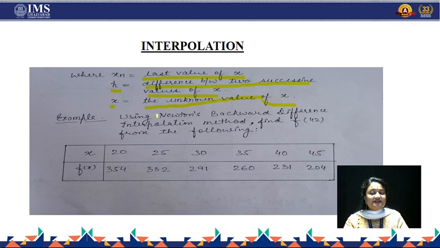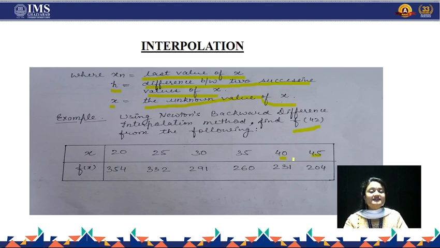Okay, the example is: using Newton's backward difference interpolation method, find the value of f(42) from the following table. Now look students, f(42) is lying somewhere between 40 and 45. Okay, agree? 42 lies somewhere between 40 and 45.